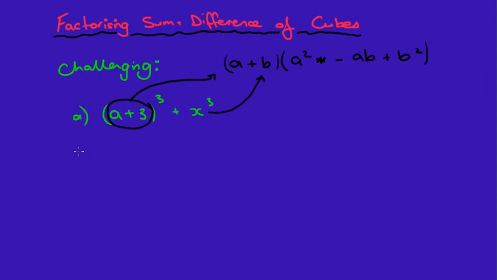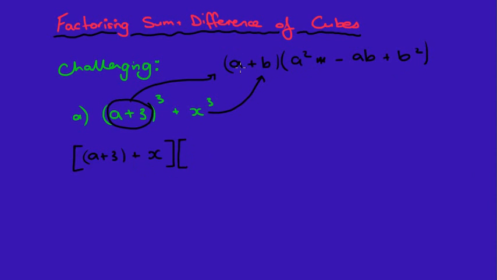Okay, so what I'm going to do is use some square brackets, and I'm going to put my a plus 3, that's my a value, plus my b value, which we know to be x. You don't have to do it that way, I just like to do it to start with, because we've got different things going on.